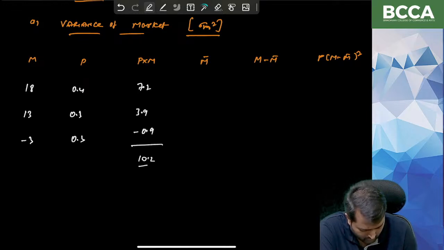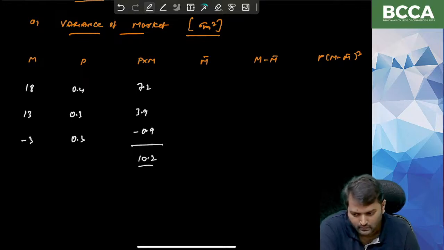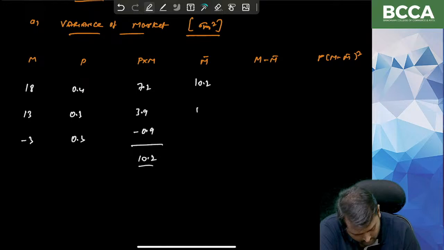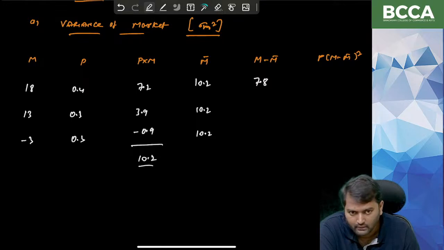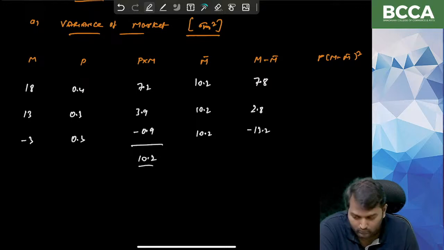The total is 10.2. 10.2 is M bar. So M bar is 10.2. M minus M bar: 7.8, 2.8, minus 13.2.